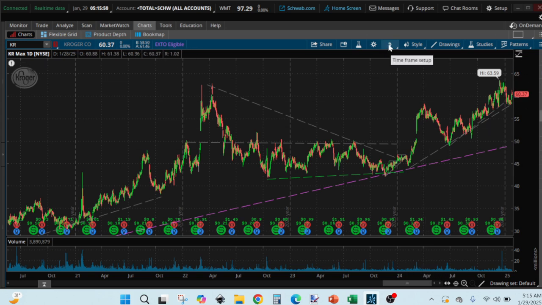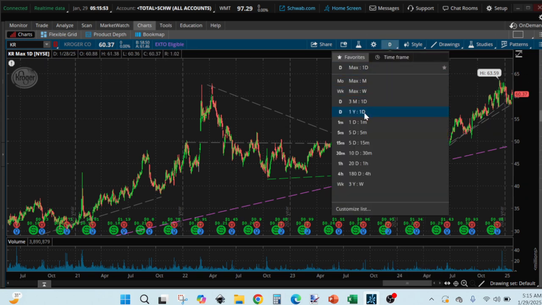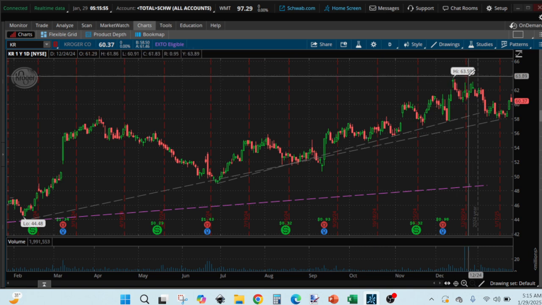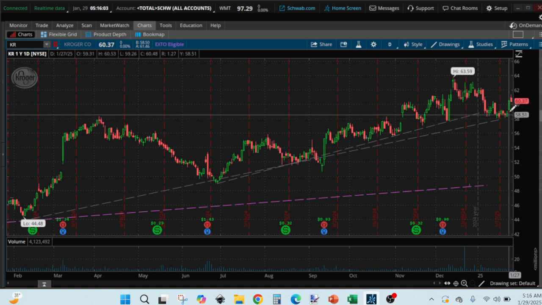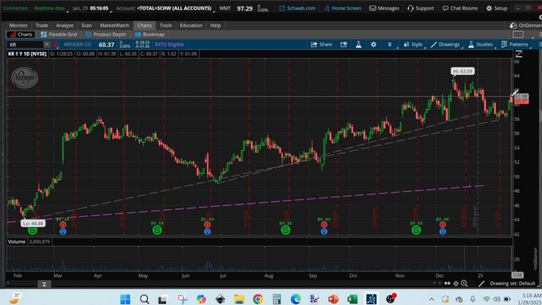So now if we go to the 1 year daily chart, we can look at what it's doing. So it pulled back and it went up, and we have a pullback yesterday.